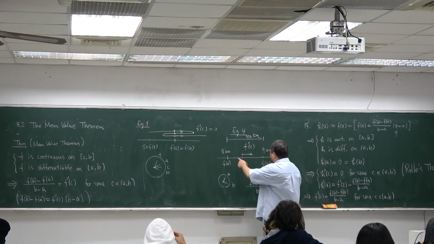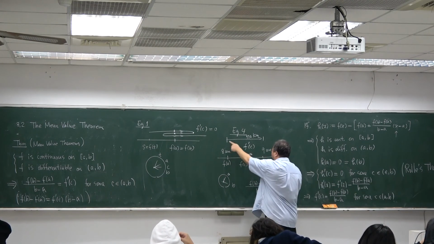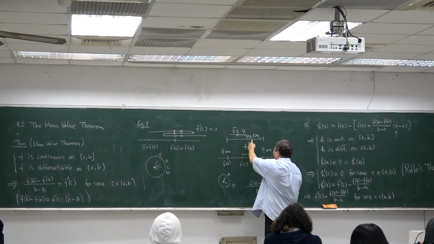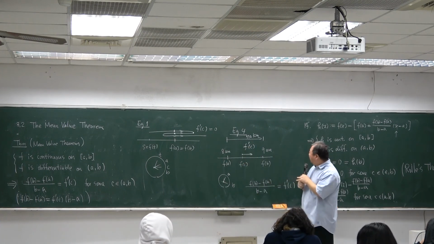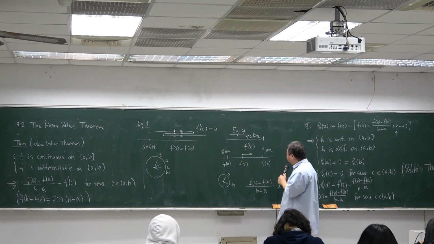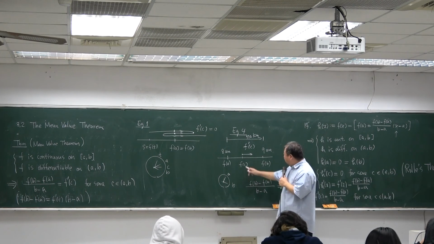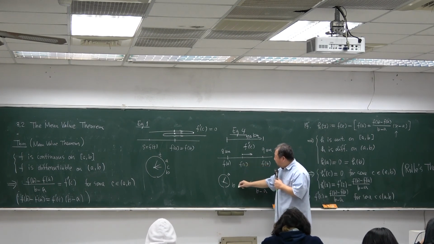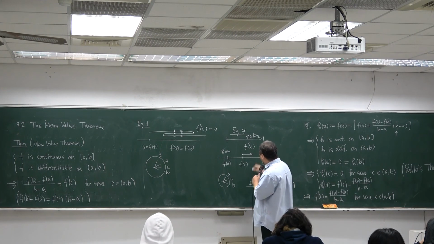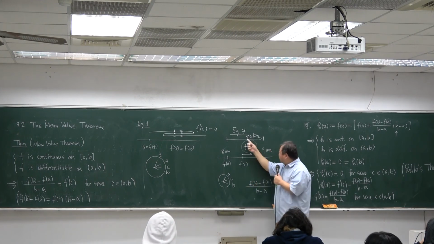If you only use 1 hour and you move 110 kilometers, then there must be some time c between a and b when your velocity is 110.